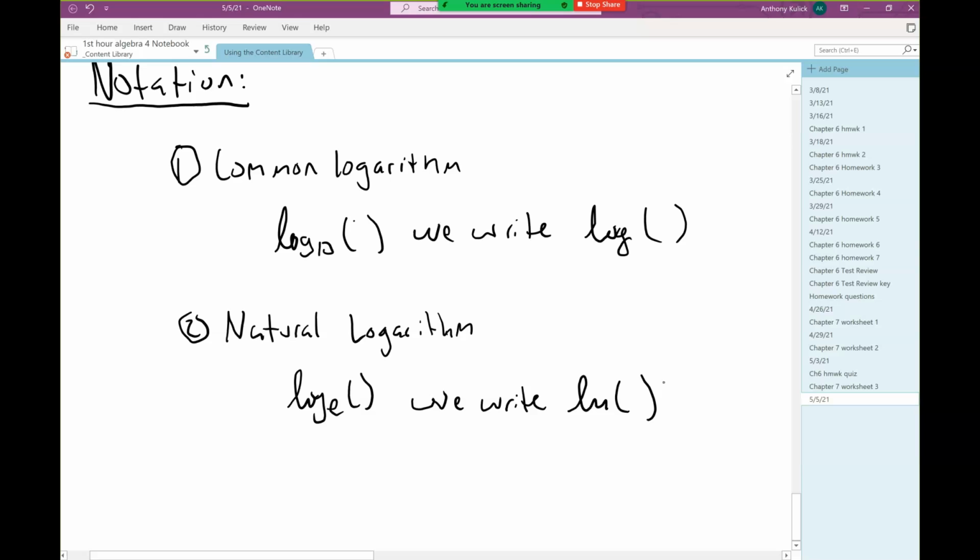I think to help you guys more than anything else, you'll notice that when I'm writing my logarithms, I'm using cursive to write the logarithm part. I would strongly encourage you guys, when you're doing your own work on your own paper, to do the same thing.